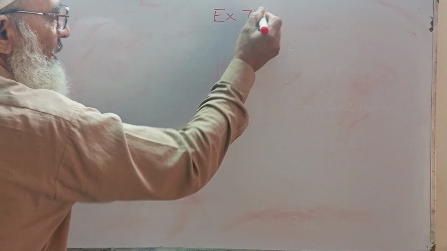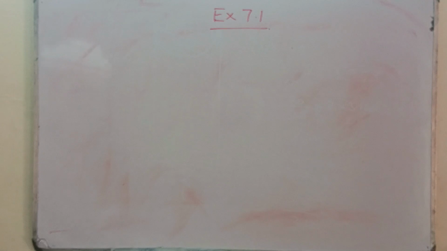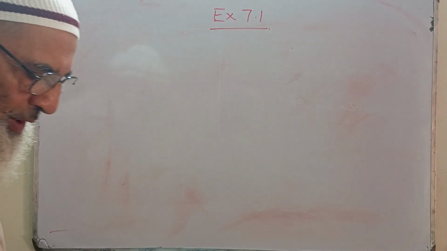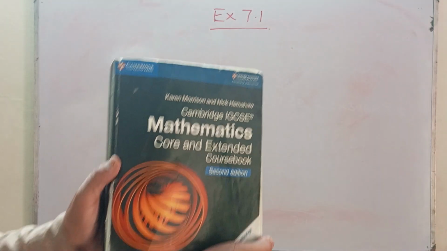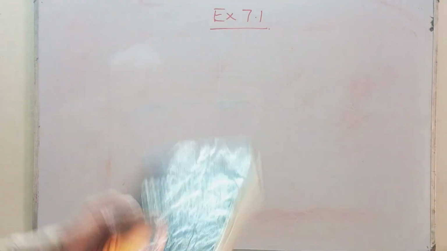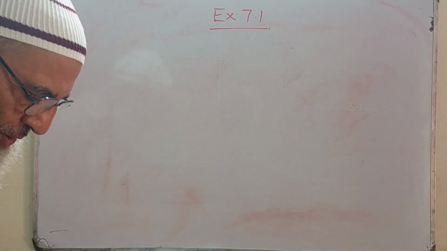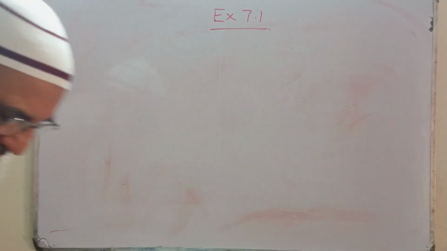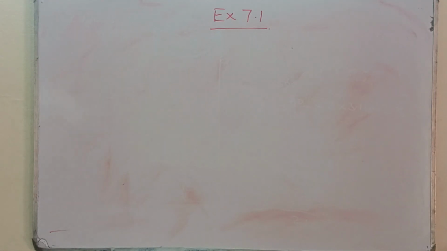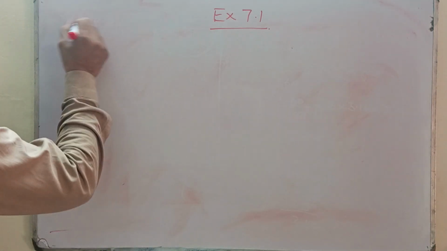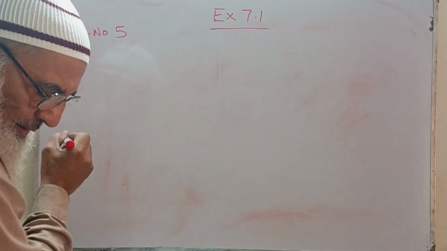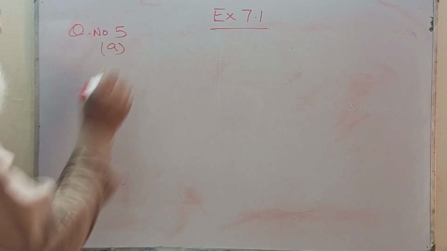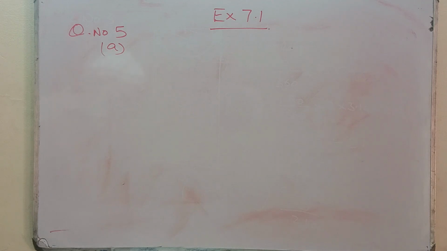exercise 7.1. And as I always show you, the book you are studying is this one. Page 139, and question number 5, part A. Let me read the question first.